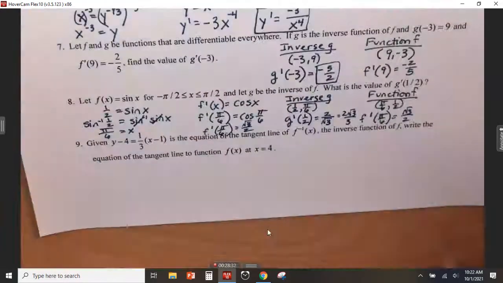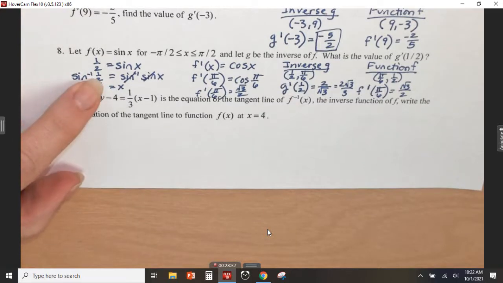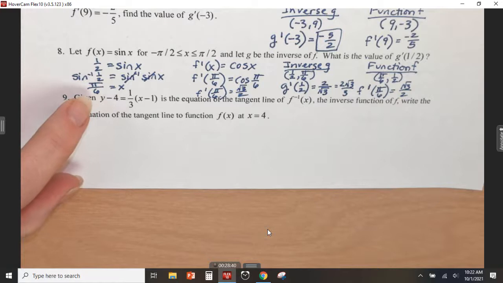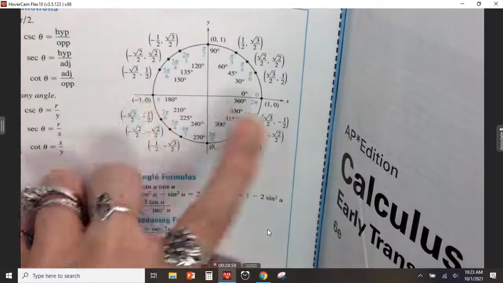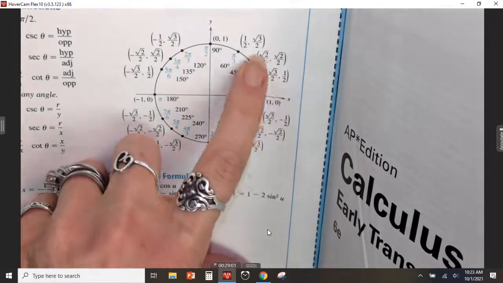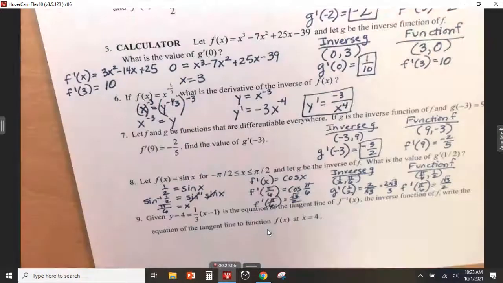So when we say inverse sine of 1/2, we're saying if the sine is 1/2, what is the angle that would go with it? And if it was cosine, the inverse would be a different question. The inverse cosine is usually set up from 0 to pi, because that's how you get your x values to be both positive and negative. So all students take that.